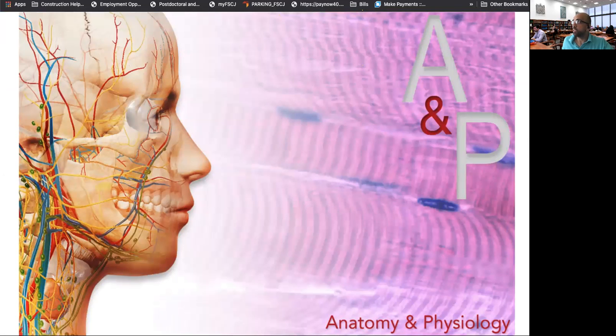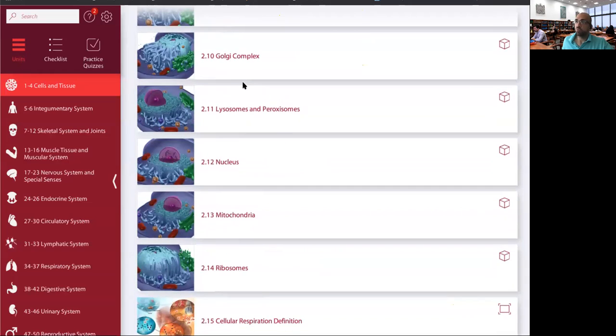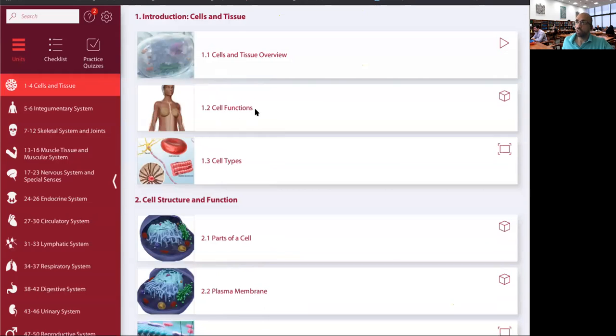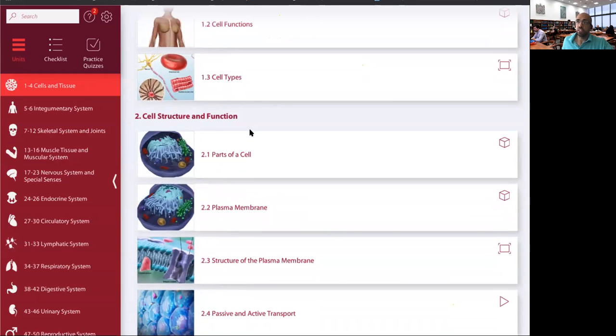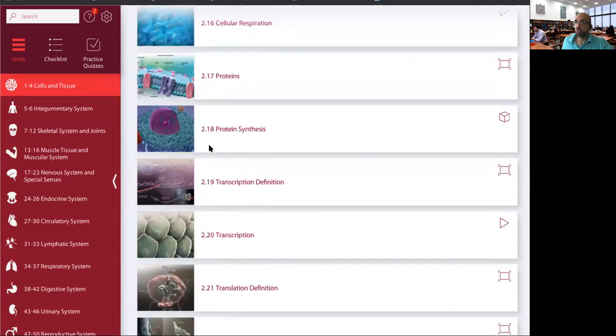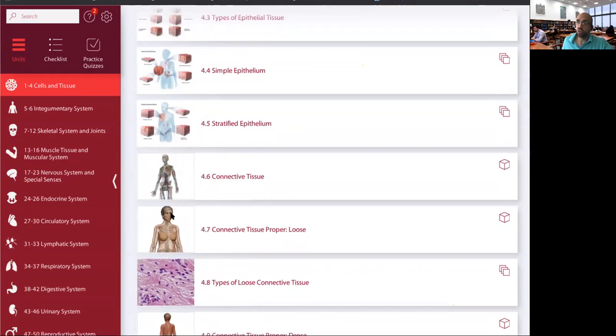All those are study tools that you have. For example, in chapter 1 we're going to be discussing the introduction, so you have introduction about the cells. In chapter 3 we are studying the cell organelles, and in chapter 4 we are studying the tissues. All those are different topics that are covered through this app.